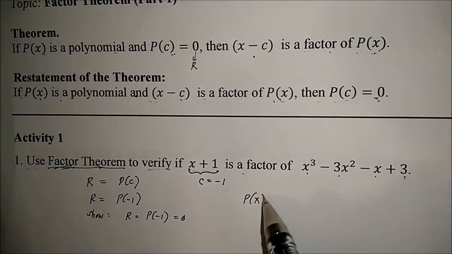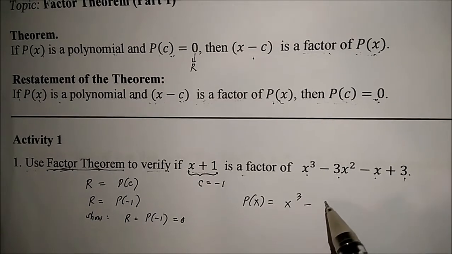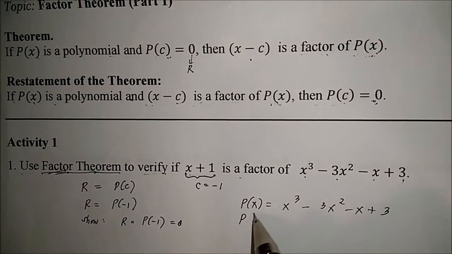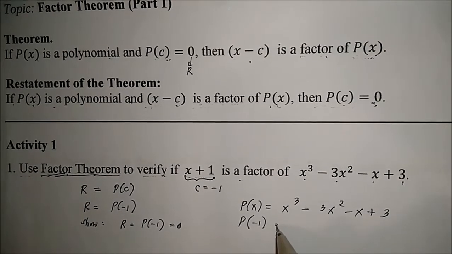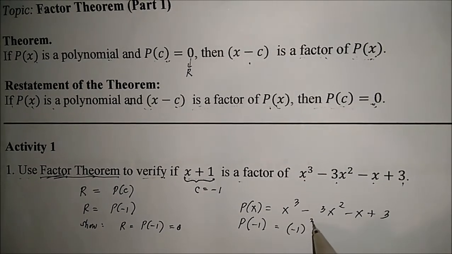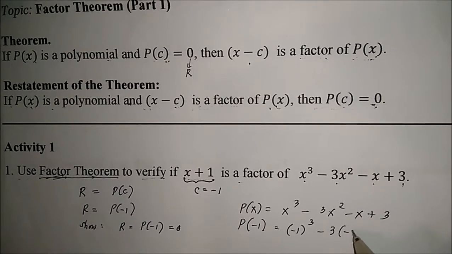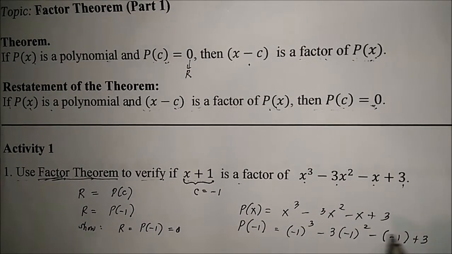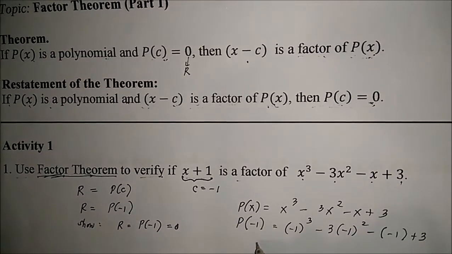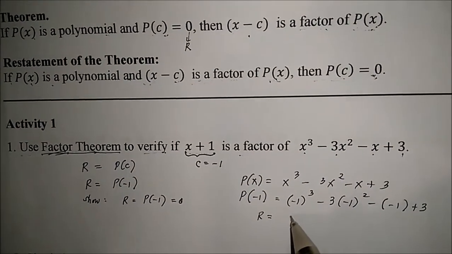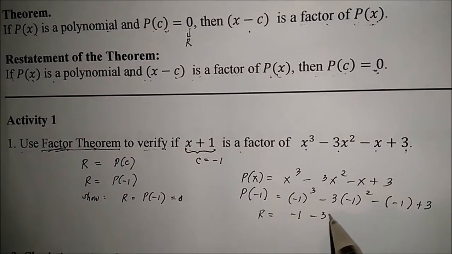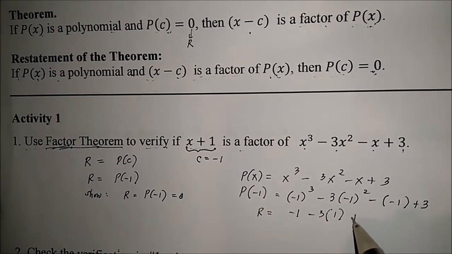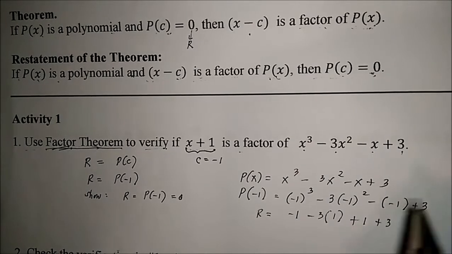Pag 0, then factor. So, let's see. We have p of x is equal to x cubed minus 3x squared minus x plus 3. Let us substitute negative 1. So we have negative 1 raised to 3 minus 3 times negative 1 squared minus negative 1 plus 3. Remember, this is our remainder. Negative 1 cubed is negative 1, minus 3 times negative 1 squared, which is 1, minus negative 1 is positive 1, plus 3.